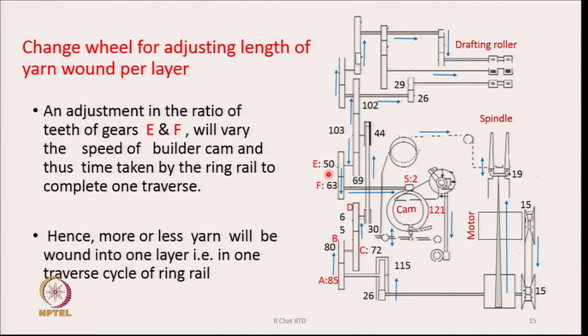So, more or less yarn will be wound into one layer, that is in one traverse cycle of the ring rail, all depending upon the ratio of these two gears E and F.